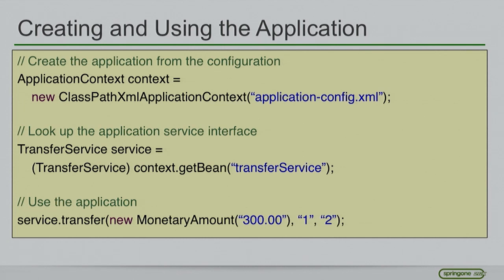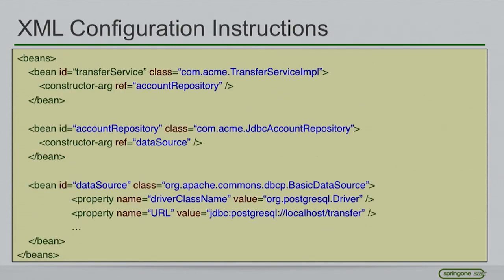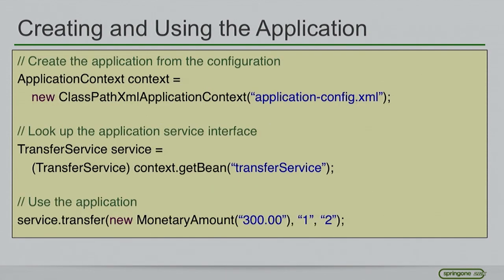Now in this case, we have asked for a bean of type transfer service. But wait a minute. What did we instantiate here as our class? Transfer service impl. I'm going to come back to this point a little bit later, but it's usually always a good idea when you're doing your casting to cast as the interface type.